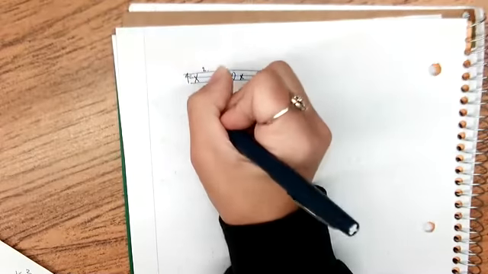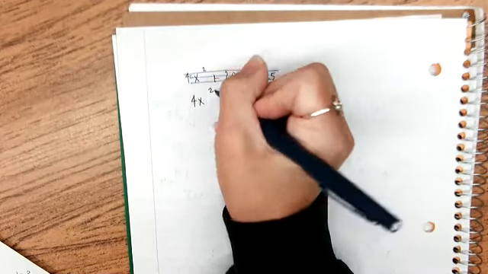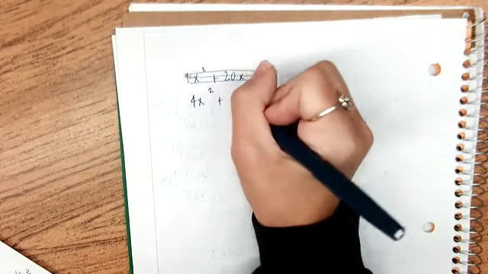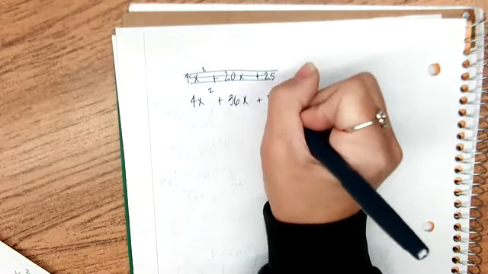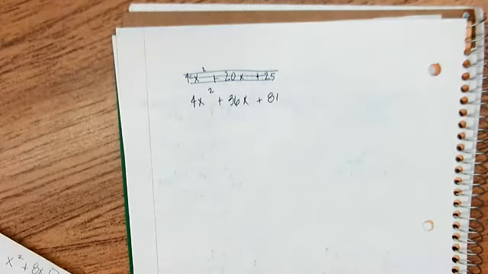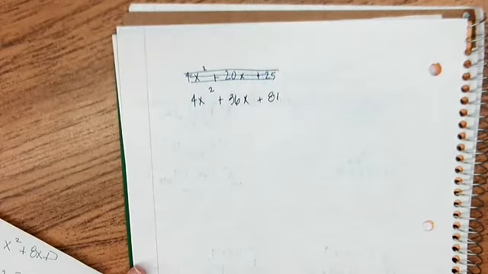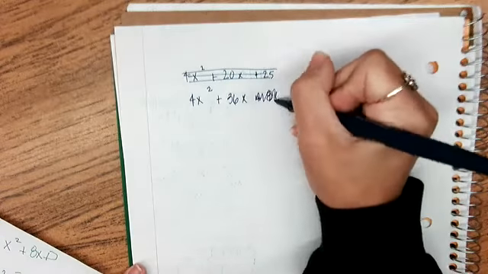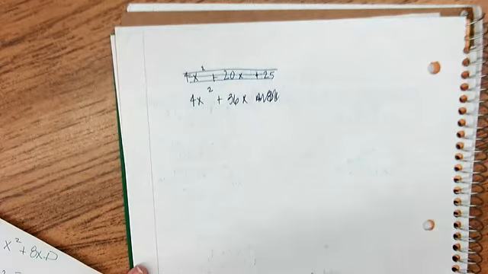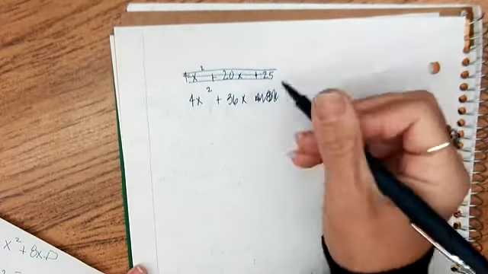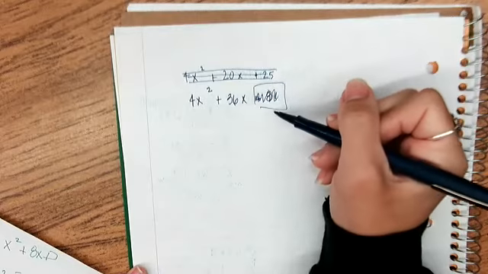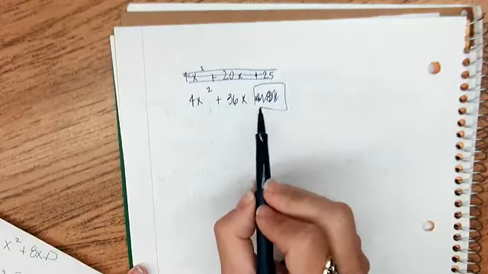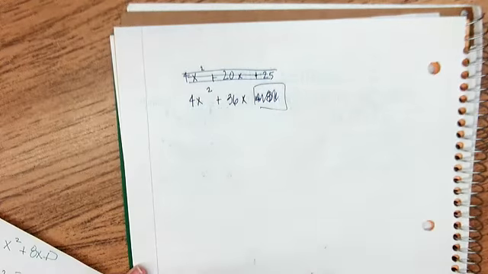Sorry about that. Let's do 4x squared plus 36x plus 81. I keep changing my mind. No, not plus 81. Forget the 81 is there. Well, now you know the answer. Oops, that's okay. We'll still do the practice. I want to know what number, 81, should I add to make this a perfect square trinomial?